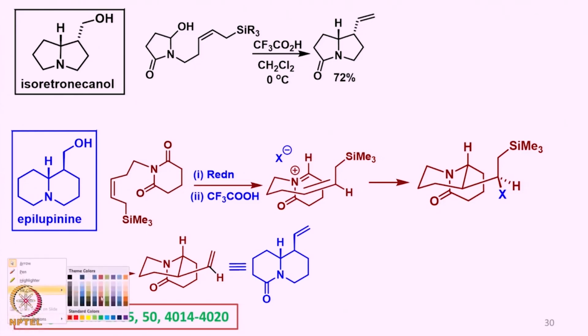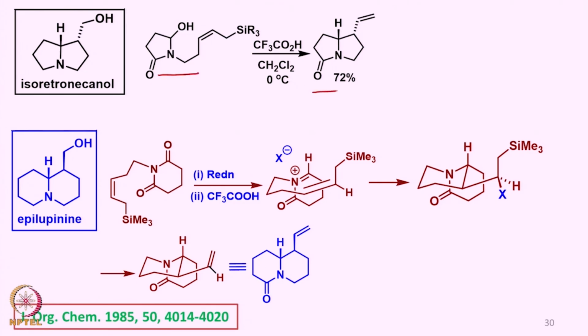As you can see, when this particular compound undergoes cyclization, as we saw just now, it forms this intermediate, and then now you have to reduce the amide, this lactam part. So you can do it by various different types of reducing agent. For example, you can also use lithium aluminum hydride here, and then one can get the corresponding CH2 group of the isoretronecanol.